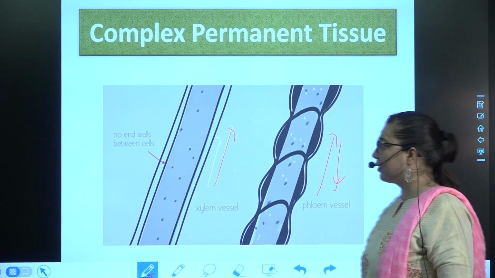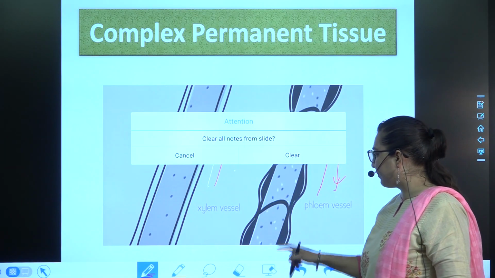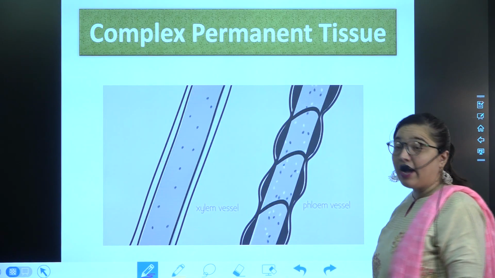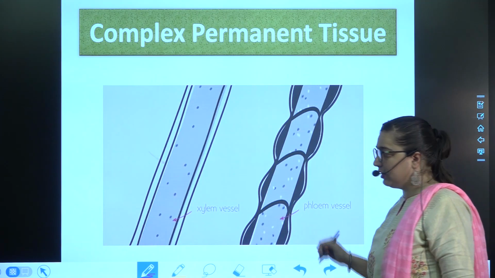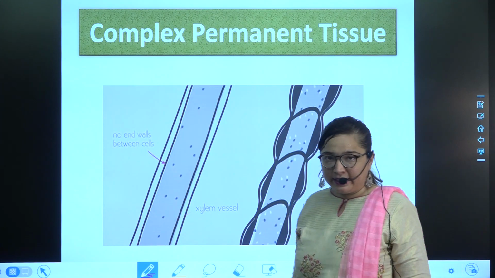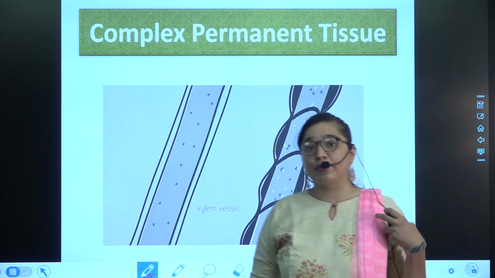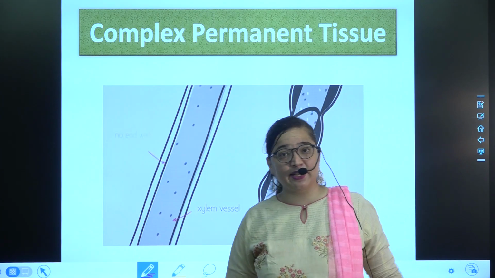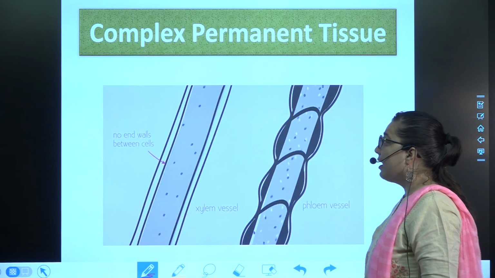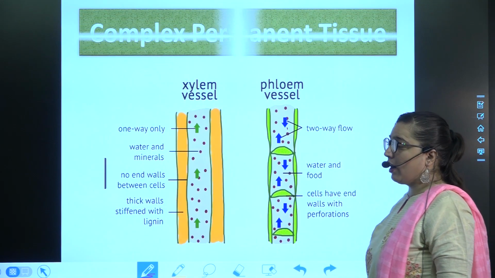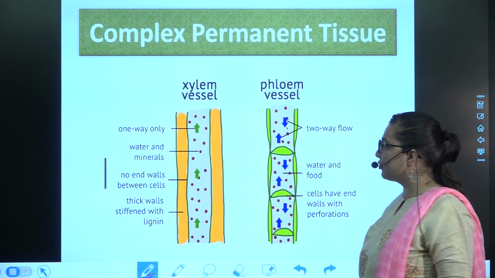That is because of the xylem and phloem. We had already discussed the movement of the particles. If it's unidirectional then it is in xylem, and if it is bidirectional then it is in phloem. Let's move further on the complex permanent tissue types.